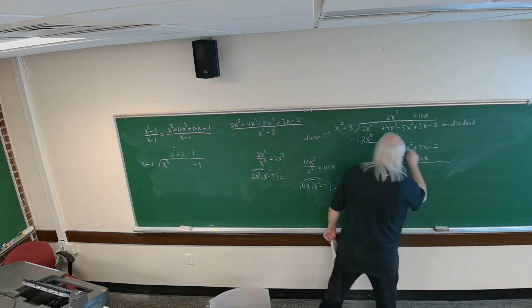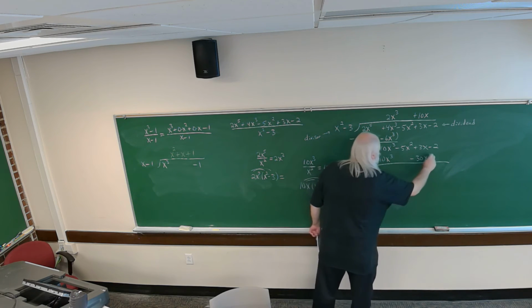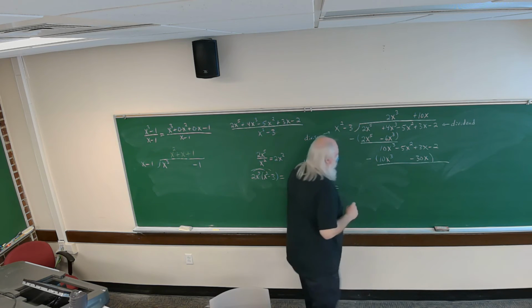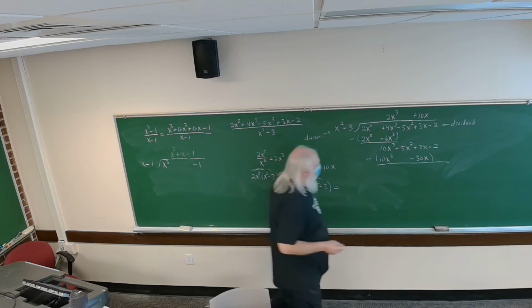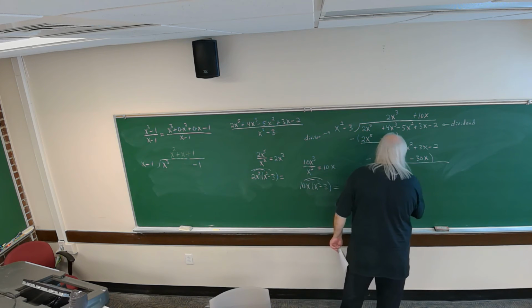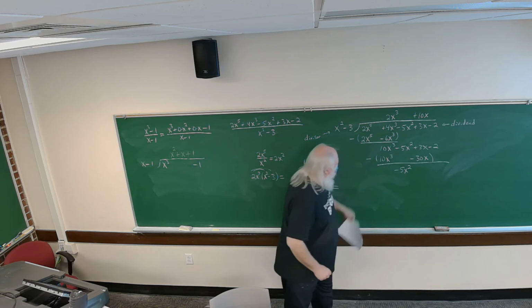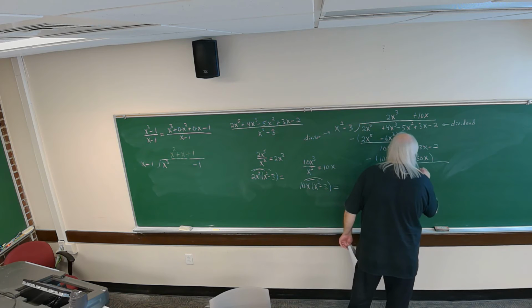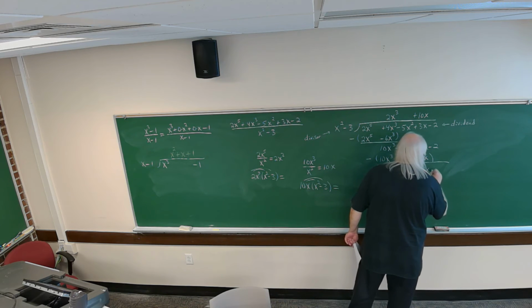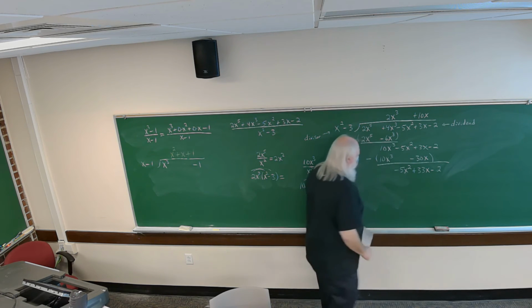You have to subtract that from up above. 10x cubed minus 10x cubed is 0. Minus 5x squared minus 0 is minus 5x squared. And then 3x plus 30x is 33x. And you bring down the minus 2.